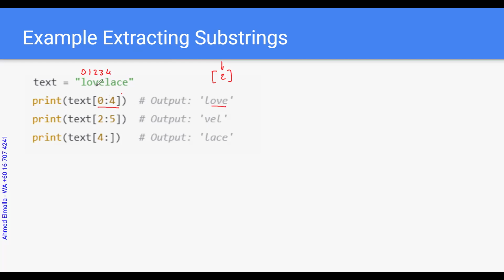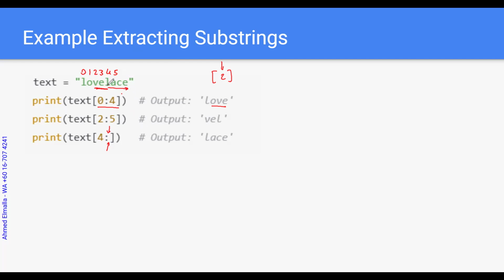And if we select from 2 to 5, again 5 will be excluded. So we only get vel. And if you want to get until the end of the string, you keep the last number open, which means that you start from 4 and get all the characters towards the end of the string.